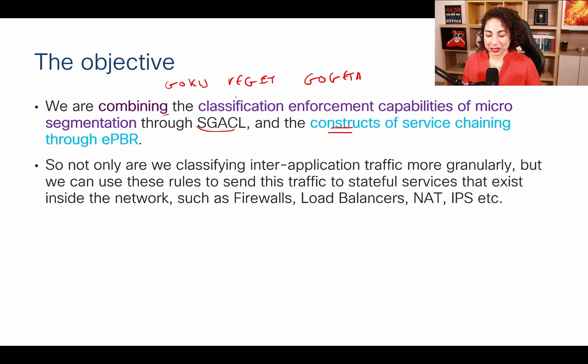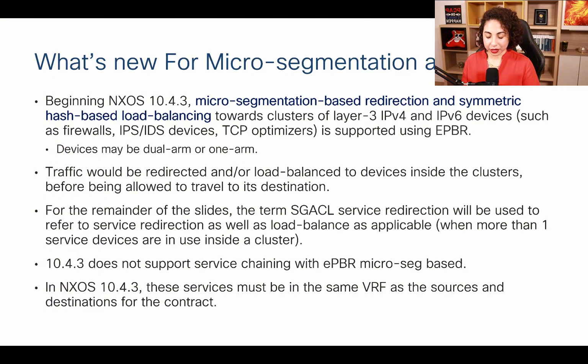Okay, sorry, more seriously. We are taking these two constructs to build SGACL ePBR. Not only are we classifying the inter-application traffic more granularly thanks to these groups, but we can define very granular and precise rules, and get very creative with those rules, to redirect the traffic through services that we have in the network, such as our firewalls, IDS, traffic optimizer, TCP optimizer, IPS, whatever.